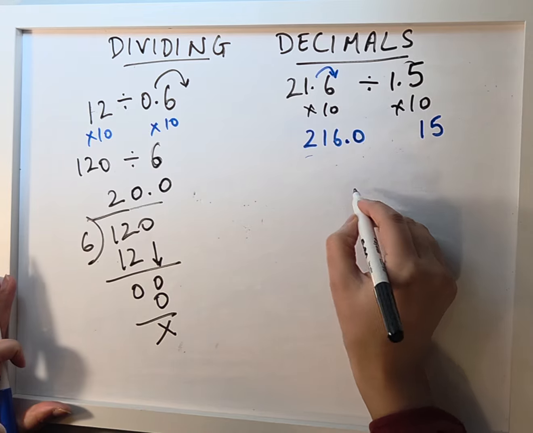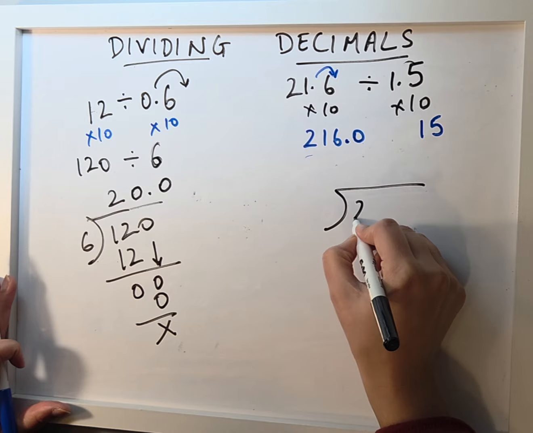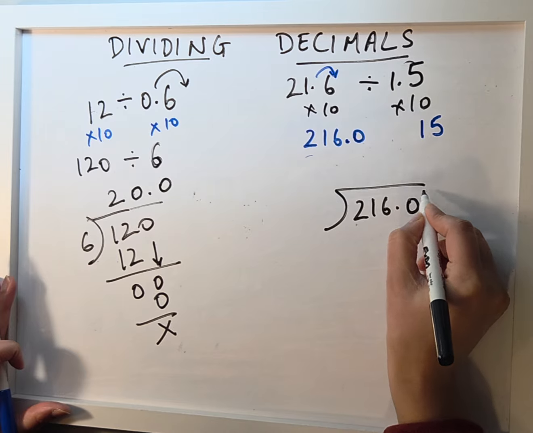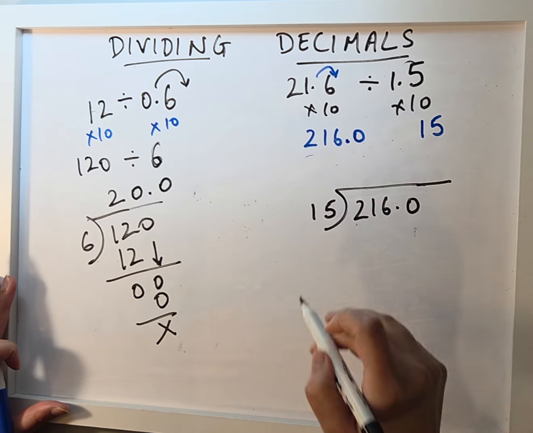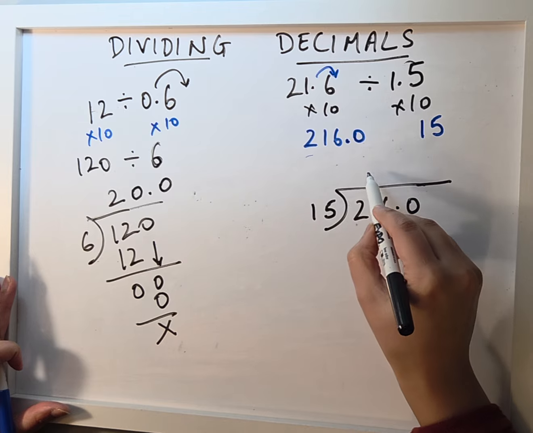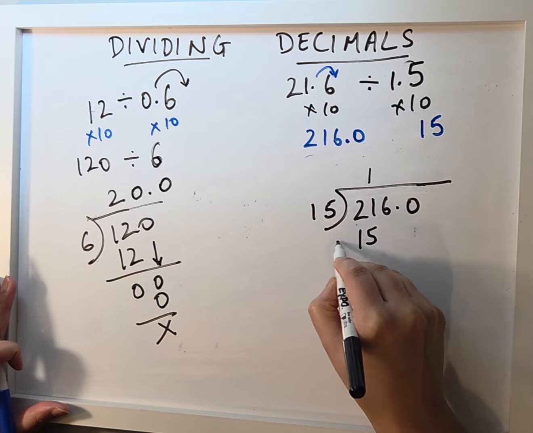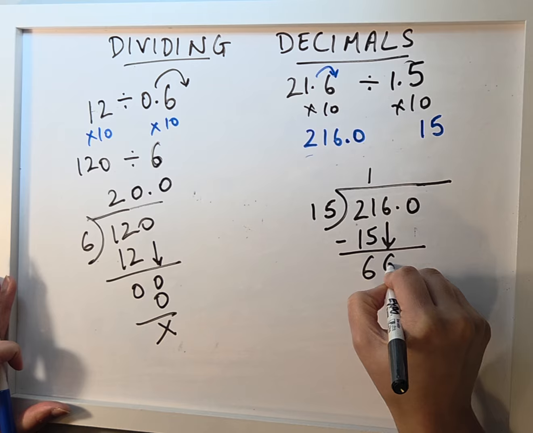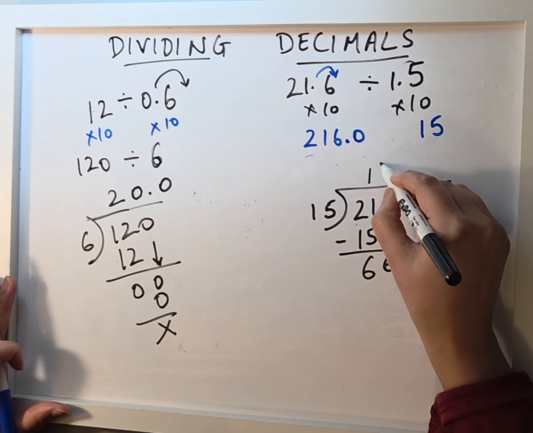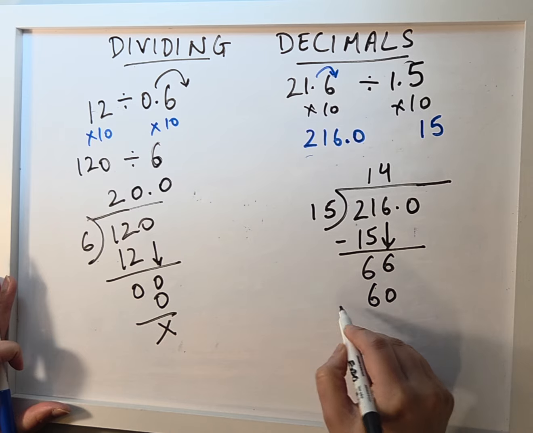So we are dividing 216.0 by 15. So 15 ones are 15. We subtract, how much do we have? 6. This 6 can directly be brought down. Now 15 fours are 60.